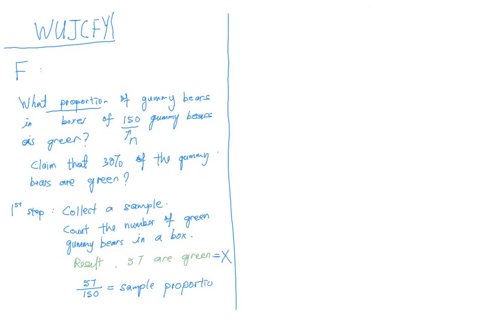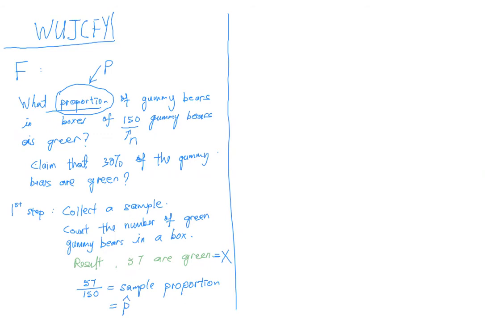How do we write proportion? It is always represented with the symbol P, a small letter p. So for sample proportion, we write the letter p and let it wear a hat.